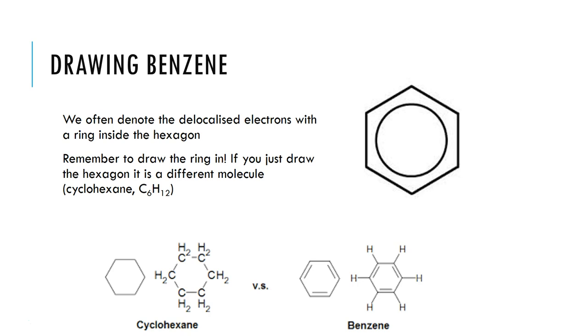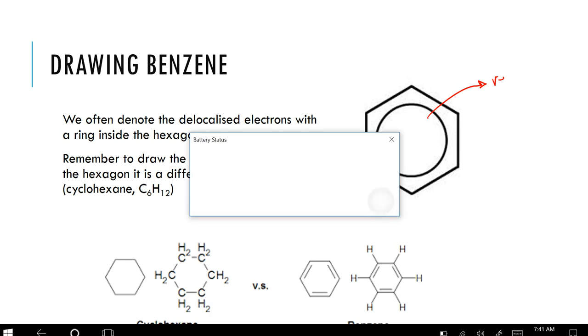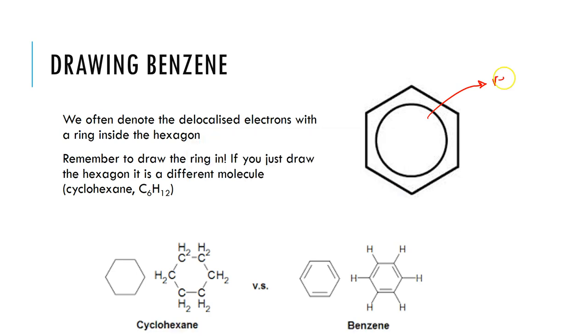So when we draw benzene, we show these double bonds, but more often we show this one, which hopefully you remember. Whoops, I'm going to run out of battery. It is a resonance hybrid, and this resonance hybrid tells us that it's not truly a single bond or a double bond. It's actually a mixture between the two.